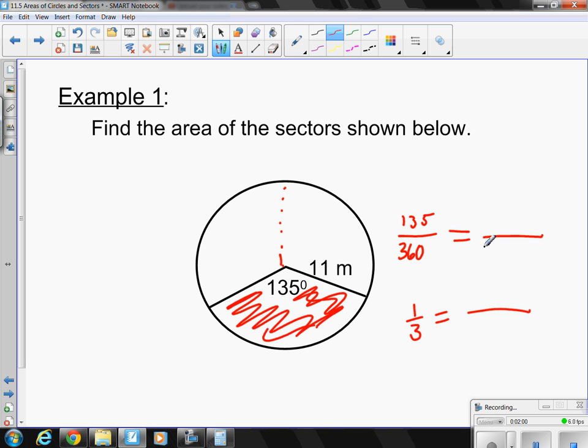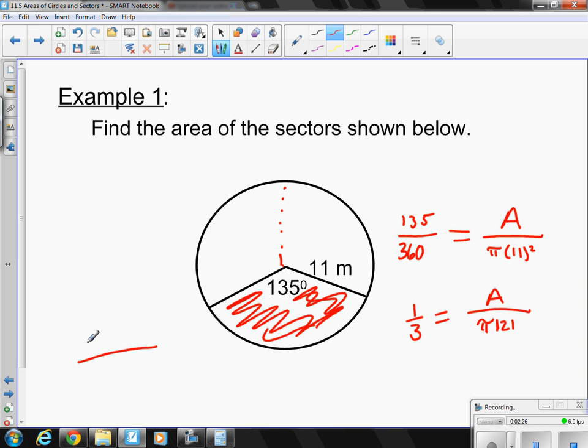So the area of the circle is going to be pi times the radius 11 squared, and this is going to be the area of the sector. Let's call it A. So area is pi times 11 squared, let's call that 121. Now I need to take 121 pi times 1 divided by 3.